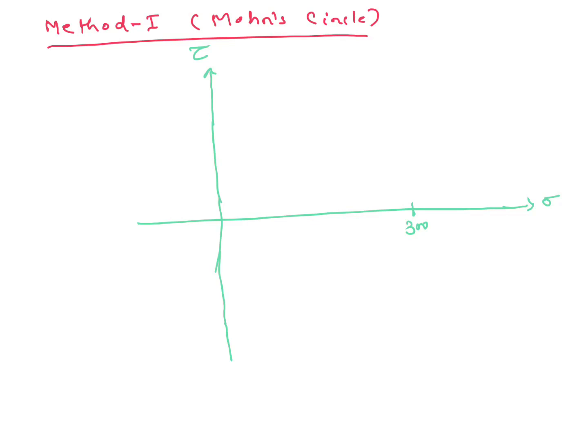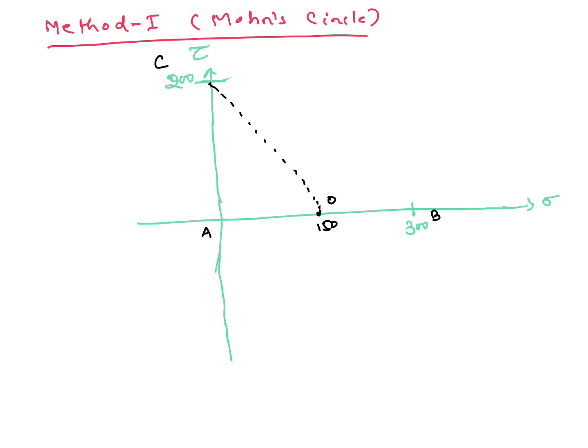Sigma xy is 200 MPa. Then mark the midpoint, 0 to 300, it's 150. Take it as O. Then join here. This is A point, B point, then here C point.